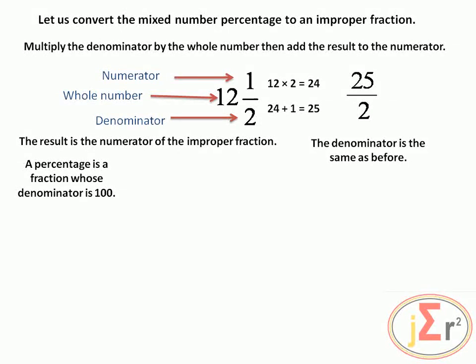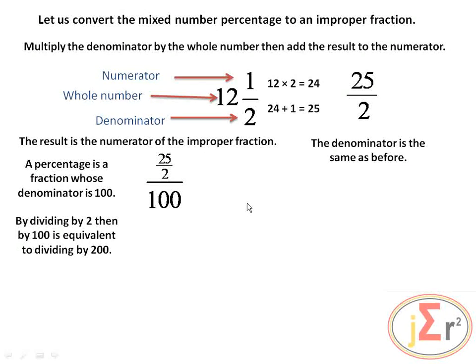A percentage is a fraction whose denominator is 100. So this is a percentage, so we need to divide this by 100. So 25 over 2 to be divided by 100, and that is easily simplified. Dividing by 2, then by 100, is equivalent to dividing by 200.